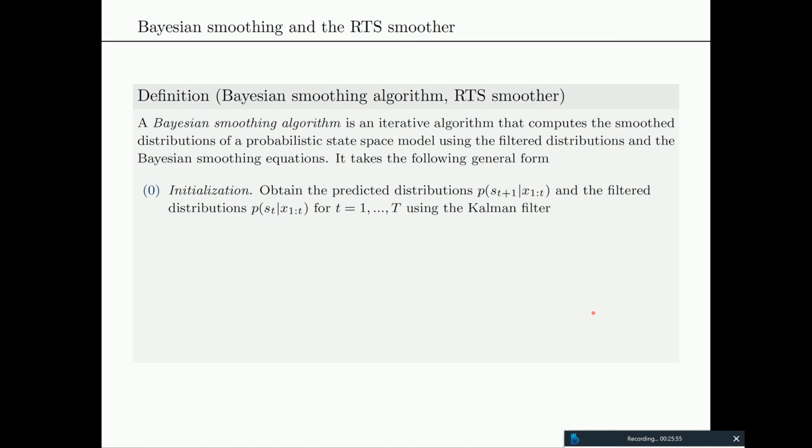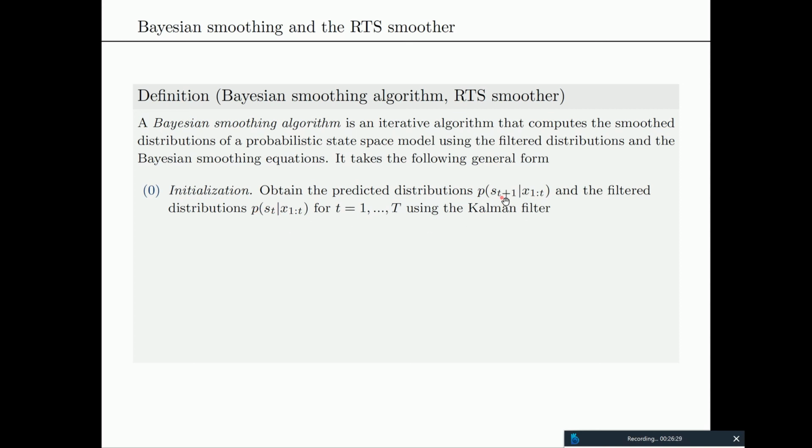Now, Bayesian smoothing algorithms use the Bayesian smoothing equation to do smoothing. First, what you need are the predicted distributions, one step further than in the Kalman filter, and you need the filtered distributions.